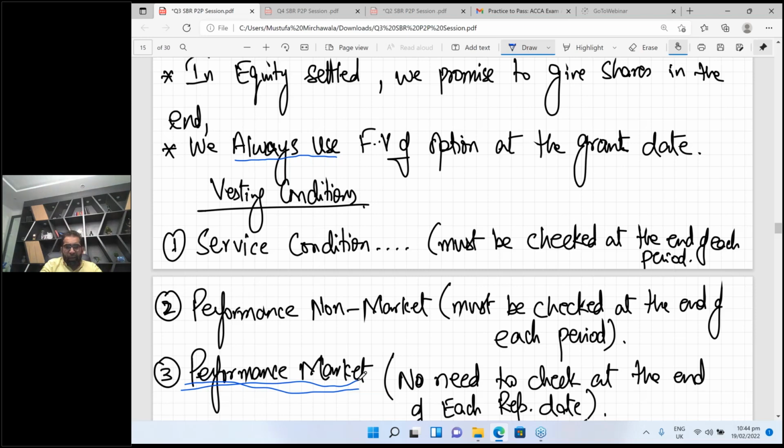In a performance market condition, each and every probability is taken into the fair value of the option at the grant date by statistical tools. So at the end of each year end, you don't need to see the share price, you don't need to see whether we are meeting the target or not, no need to check at each reporting date.